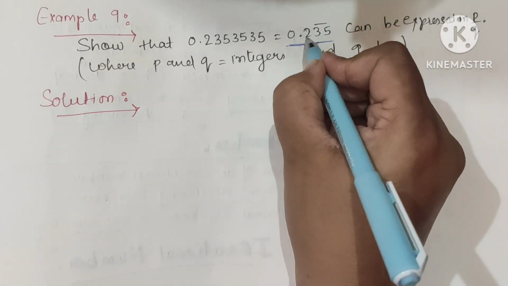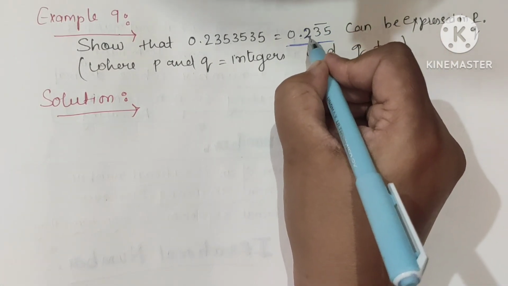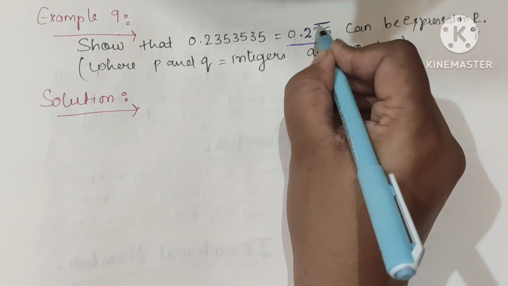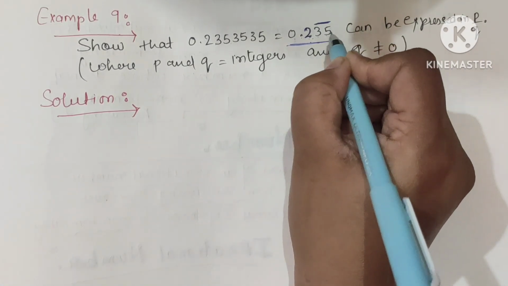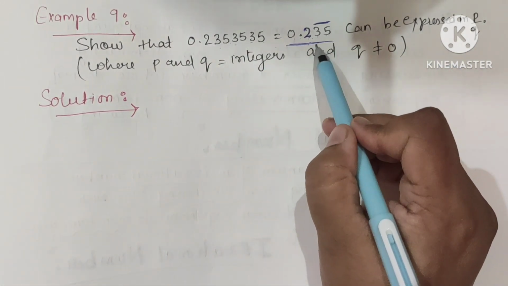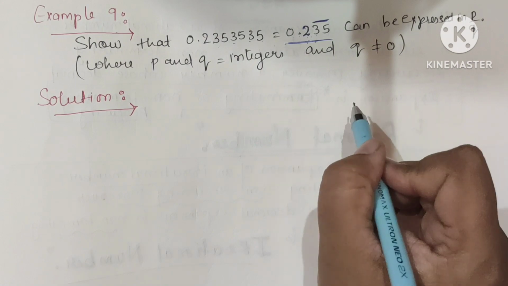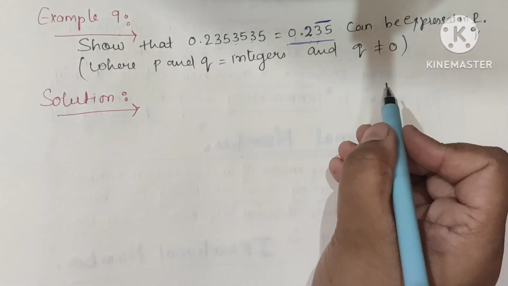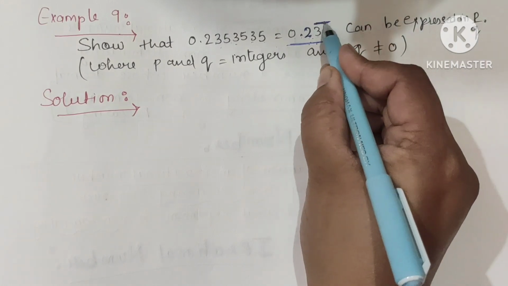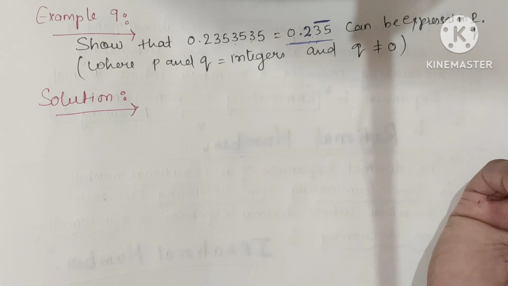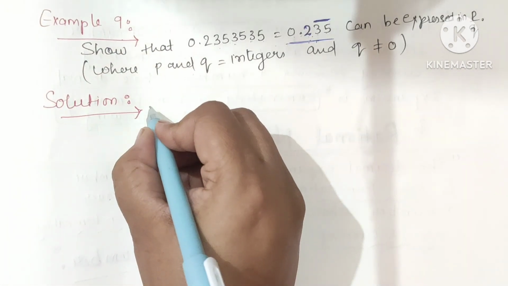Here there is one digit after the decimal, and then the numbers are getting repeated, 0.235353535, and you have to represent this in the form of p by q. The steps are the same. Two numbers are getting repeated, so you are going to multiply it by 100.